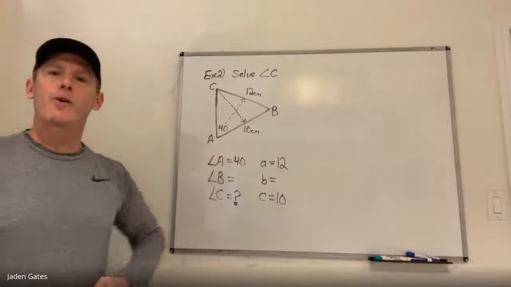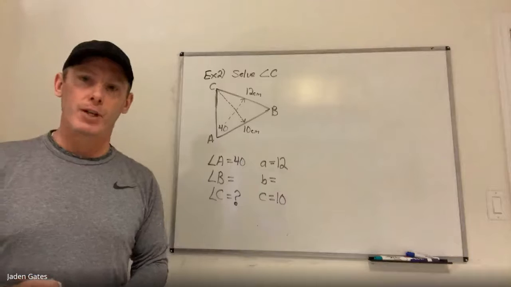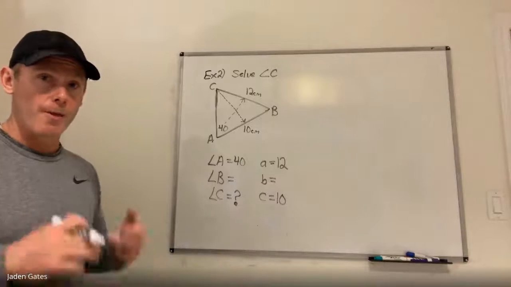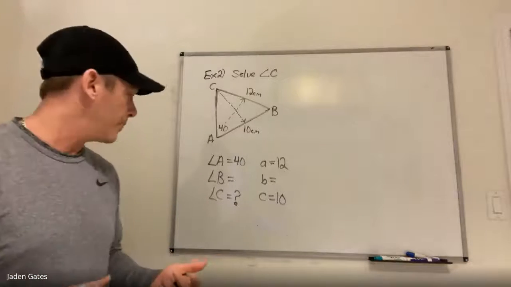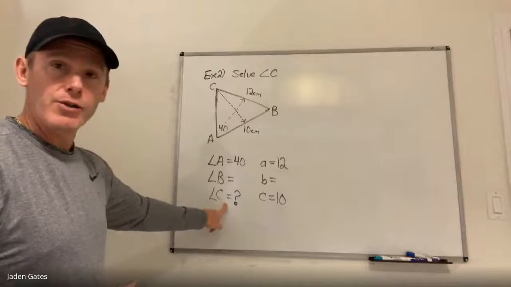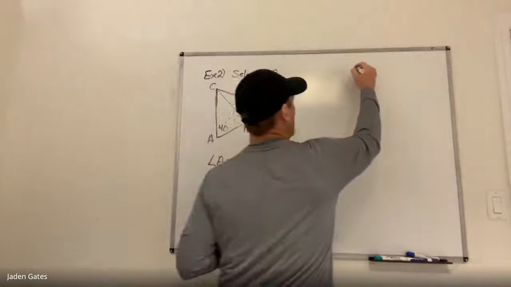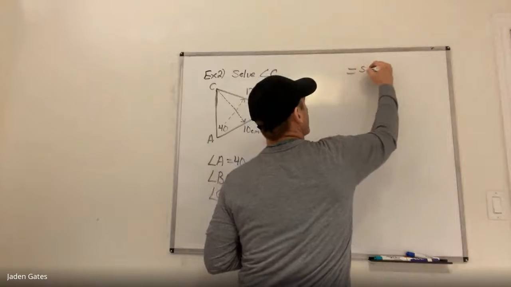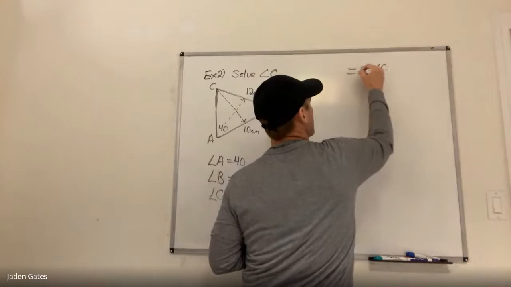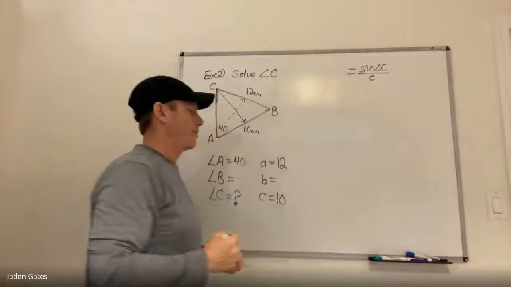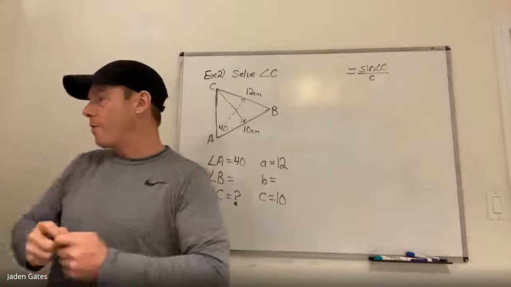Now, again, in determining which parts we're going to use of the sine law, number one, I got to use the part where I'm actually looking for something. In this case, we're looking for angle C. So again, I got to use the C part. So I got that side angle C part divided by side C. Now we get to what other part we're going to use.